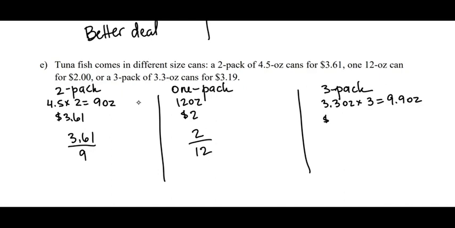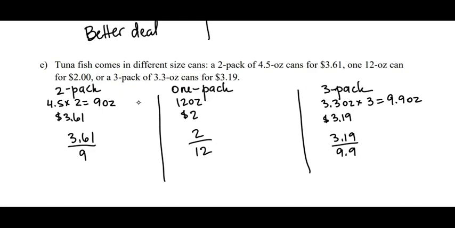They cost $3.19. So we have $3.19 divided by 9.9 ounces. In order for us to compare unit prices, we had to make those unit prices over 1 unit of something. We couldn't do the cans because we had two cans, 1 can, and the cans were all different sizes, so we went for ounces.